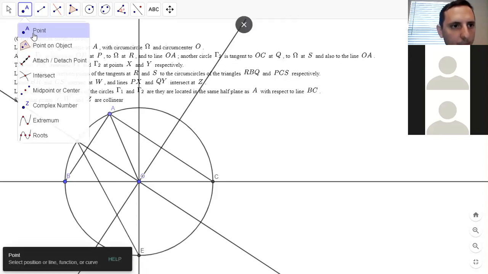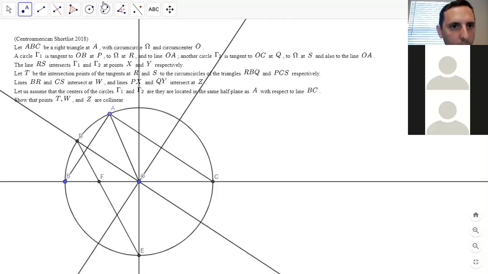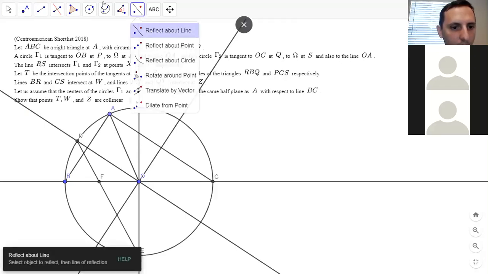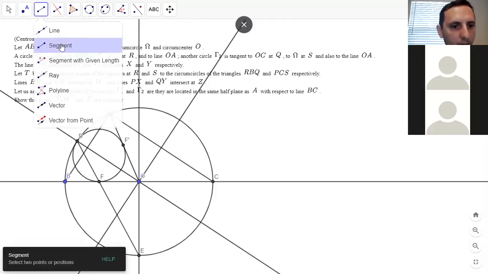Yeah. So let's reflect it over OD, and the circle will be tangent to OB, OA, and the circumcircle. So it would be F prime B. Okay, so yeah, that might actually be helpful in the problem itself.